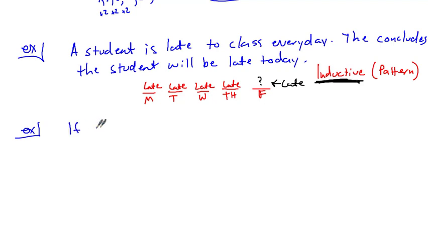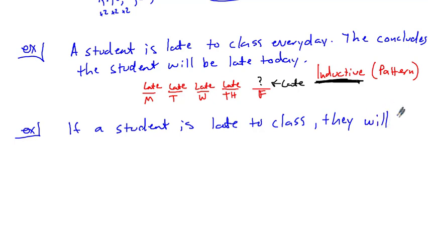Now, let's look at the next example, which you can probably guess what kind it's going to be. If a student is late to class, they will be counted tardy. Okay? That's a fact. Then, you were late.